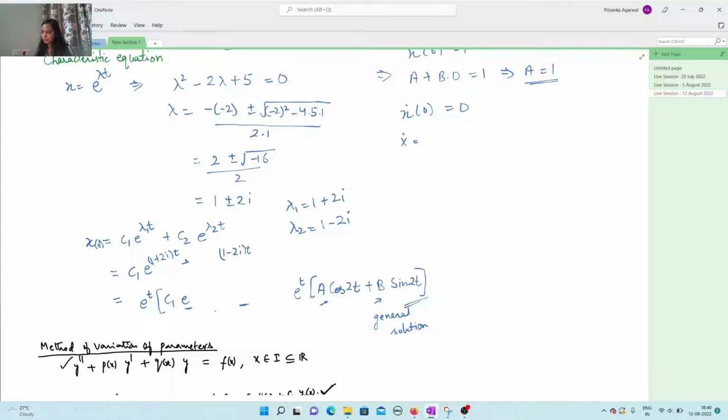Now that we have revised, let's solve this question, where we have to find the particular solution of this equation. So basically this is given. Now how can we approach this?